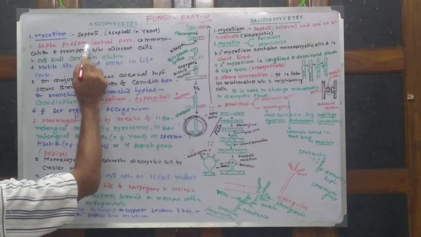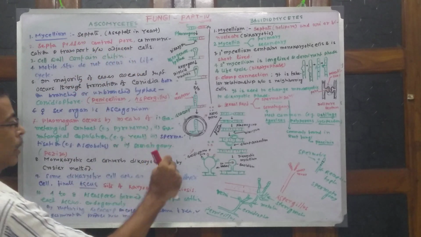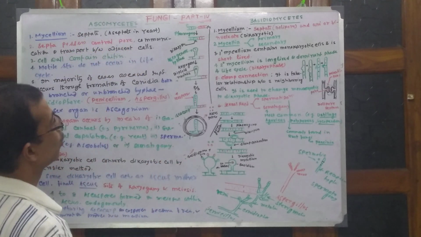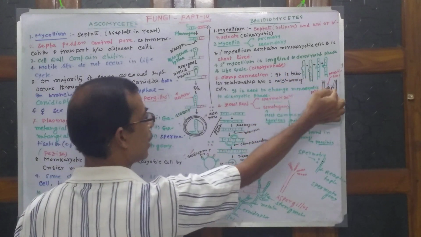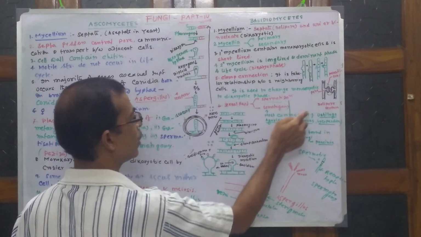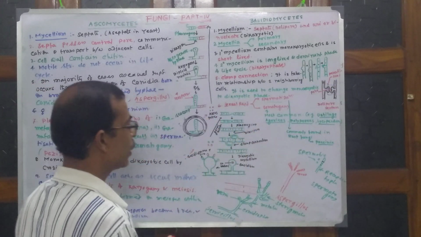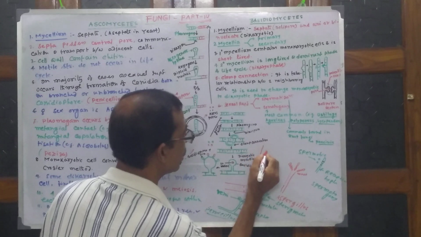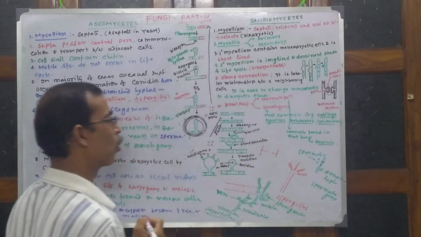But here septa are present, and in the septa there is a central pore. It is also septate hyphae under Basidiomycetes, with a central pore. In Ascomycetes, the septa possess a central pore.